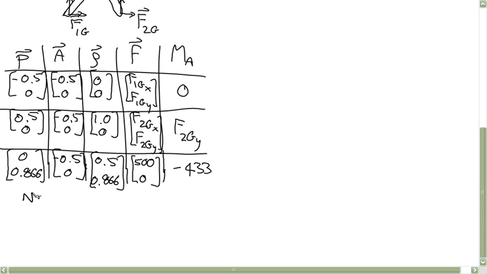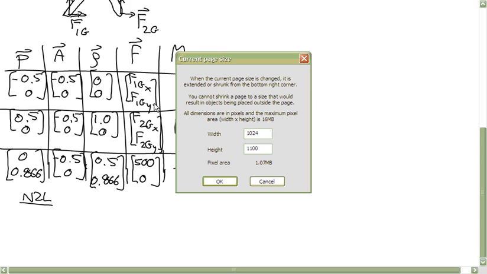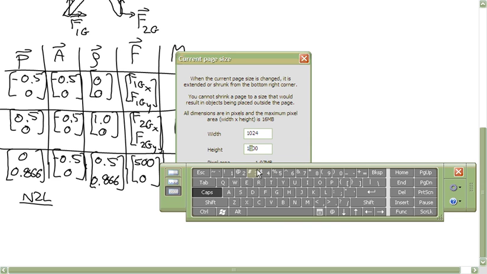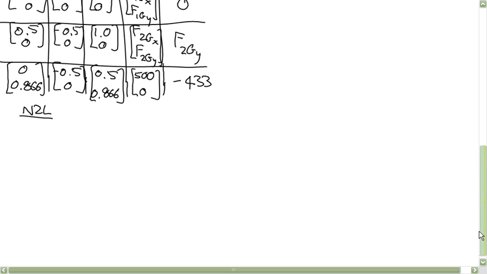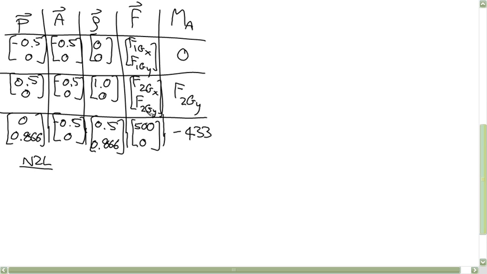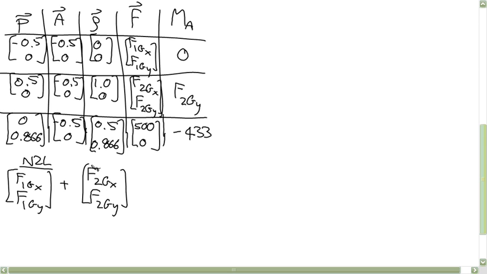And so we can write Newton's second law. Just going straight down the force column, we have F1gx, F1gy plus F2gx, F2gy plus 500, 0 equals zeros.